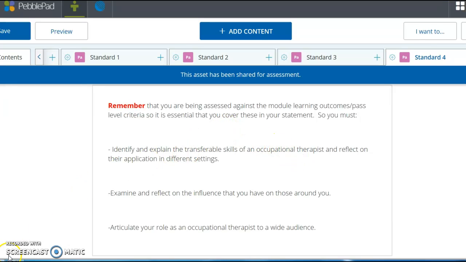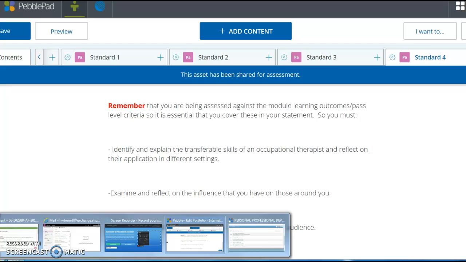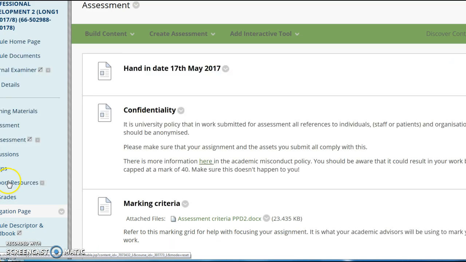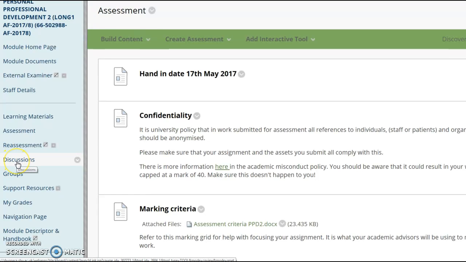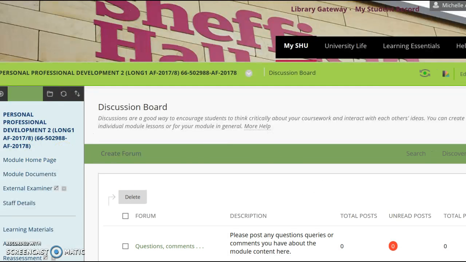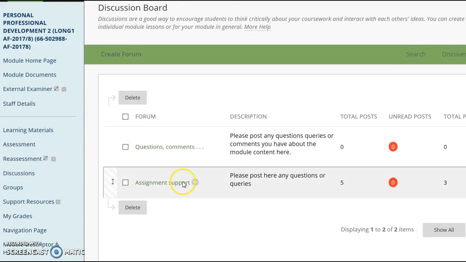Just also as well, please use the discussion board. So myself and Kat have set up a discussion board. So if you go to the PPD2 Blackboard site and go to discussions, you'll find under there assignment support.